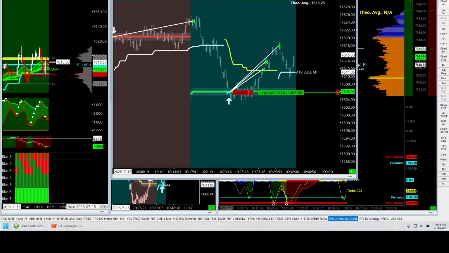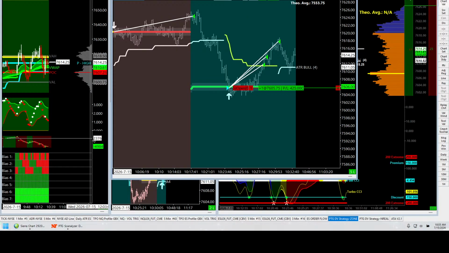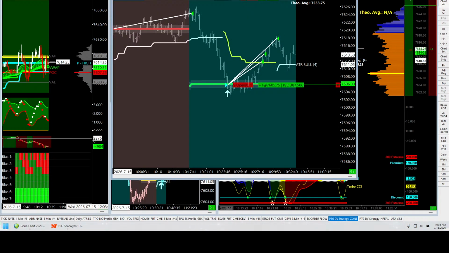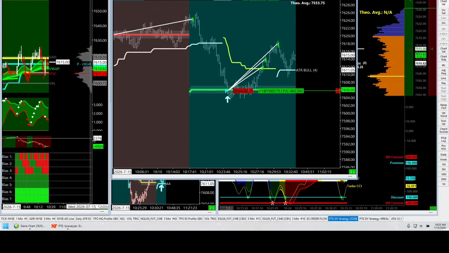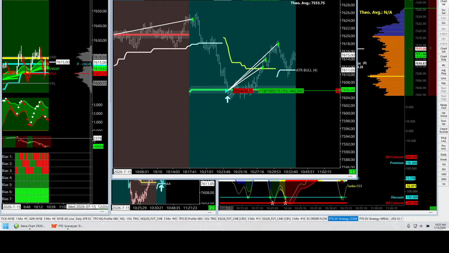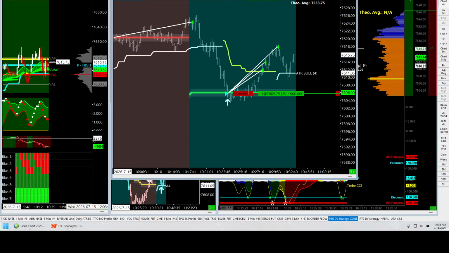Are you able to do that? It's not easy, because what you'll find is you're going to see conflicting information all the time. You're going to be reading Twitter or X, right?